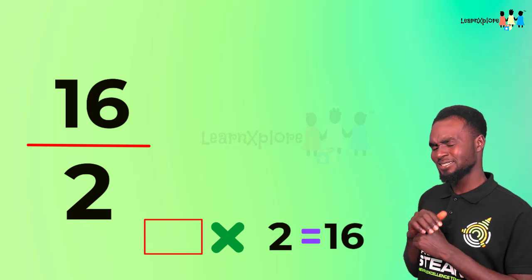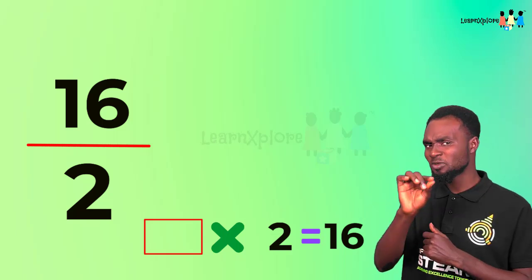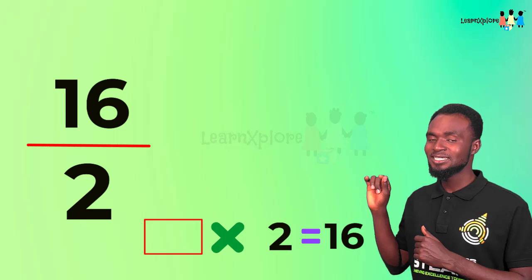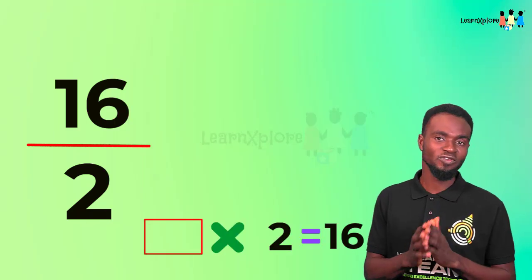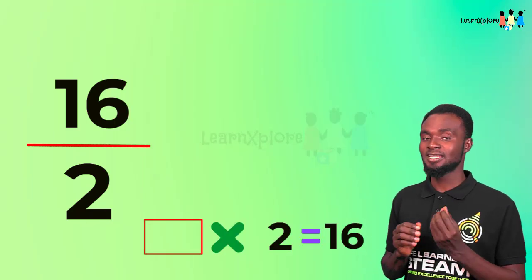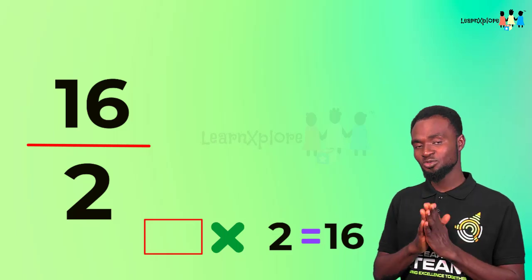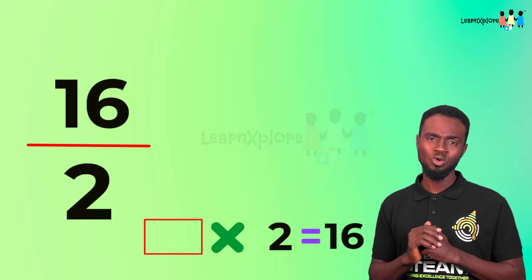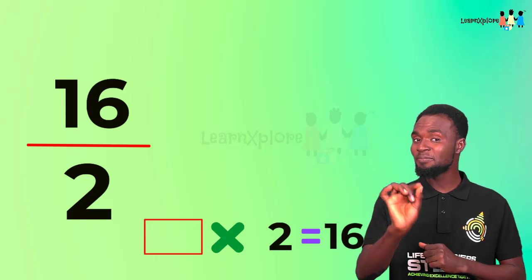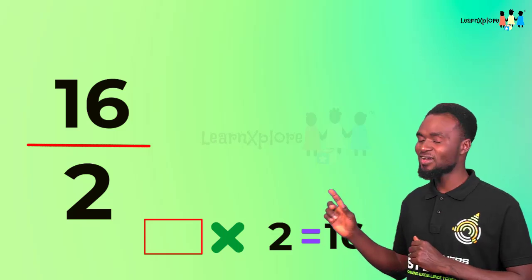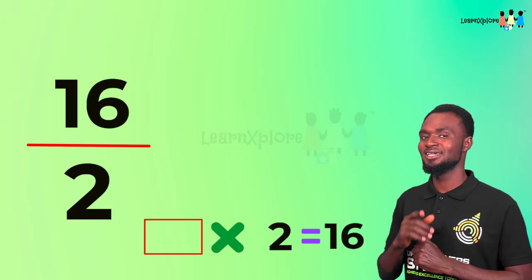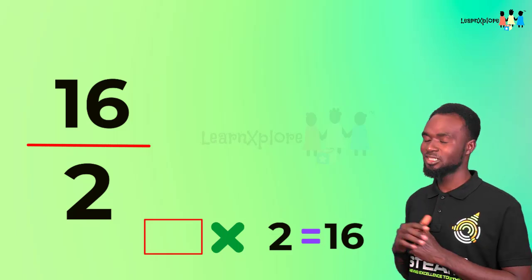Now you have 16. What number was multiplied by 2 that gave us 16? So if you want to find the quotient, that is the answer we get when dividing two numbers, you ask yourself, what number was multiplied by the divisor to give us the dividend? That number will give us the quotient.